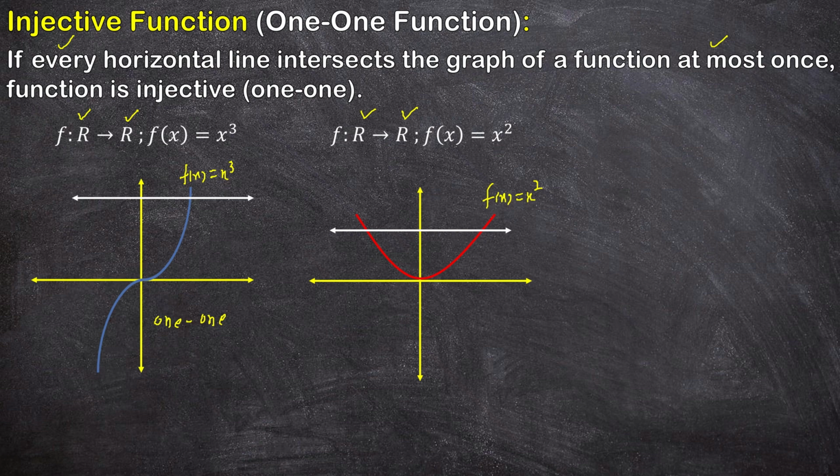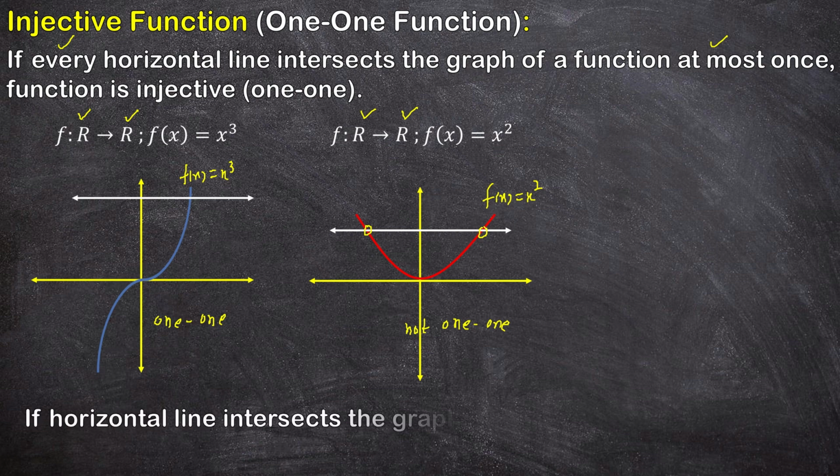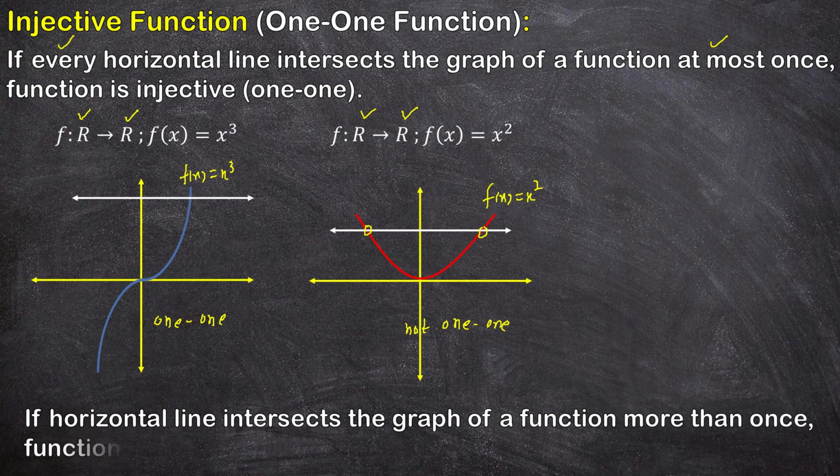This horizontal line intersects the graph of this function twice, that is more than once. So this function is not one-to-one. The horizontal line test also states that if a horizontal line intersects the graph of a function more than once, the function is not injective or one-to-one.